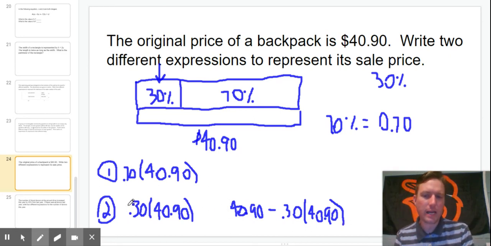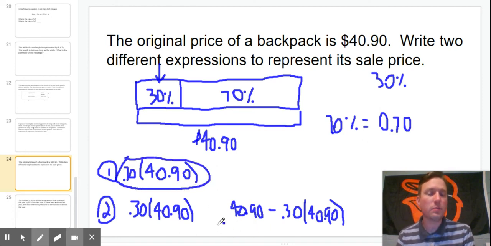This would not give us the answer, but this would give us the amount of the sale. 70% or 70 hundredths times the original amount would give us the sales price. So this would be one way to solve it. And then another way is we could take the original price, $40.90, and subtract the sale, and that would give us the answer.